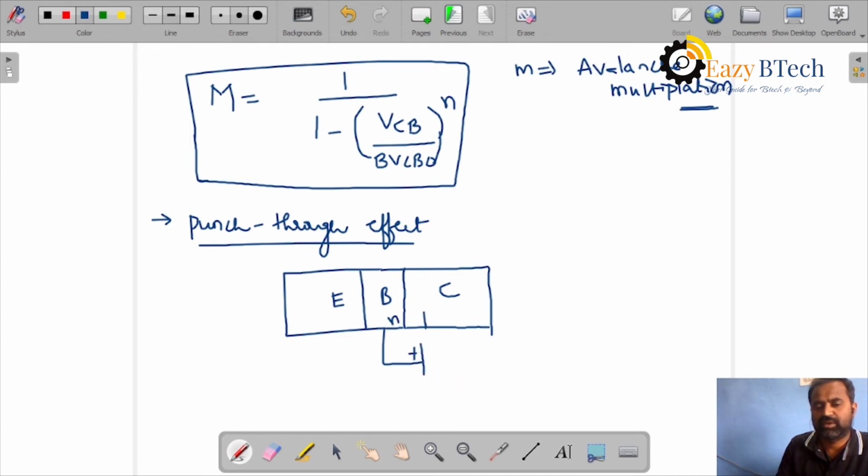If it is a PNP transistor, they give a negative voltage here, and then the collector junction is operated in reverse bias.